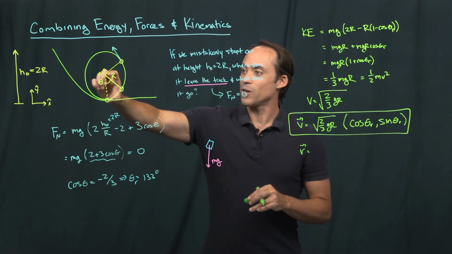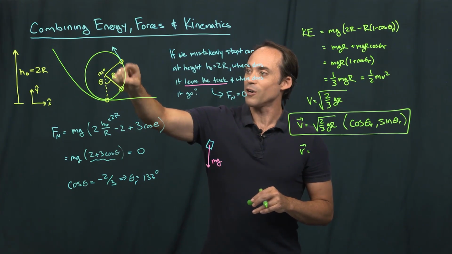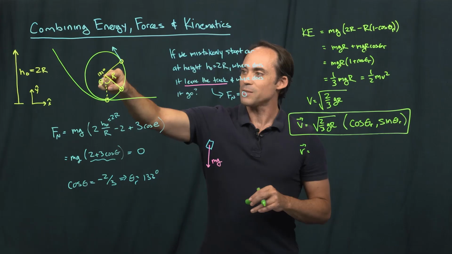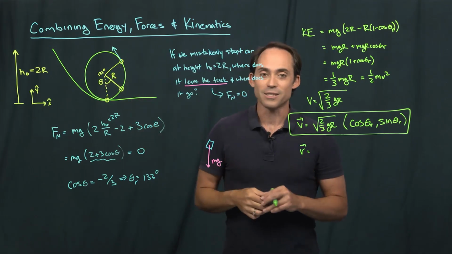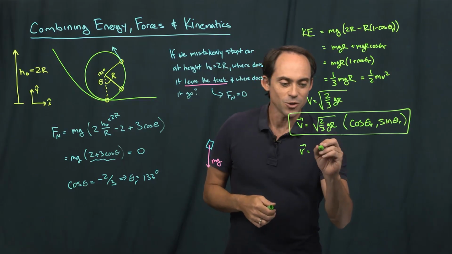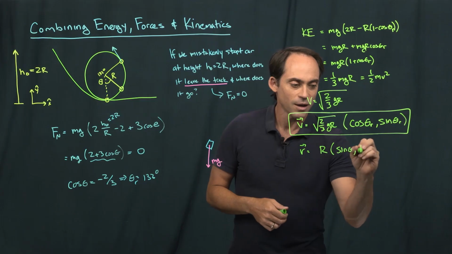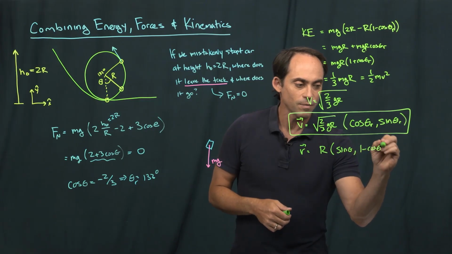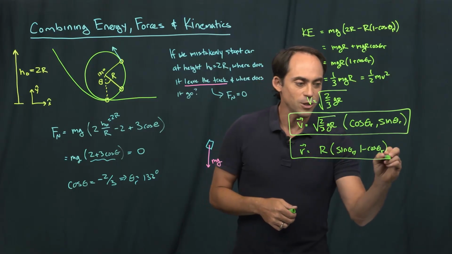And the x-coordinate is going to be varying between, say, positive r and negative r. And it's positive r when theta is equal to 90 degrees. So that's got to be a sine term. So this is just equal to r times sine theta, comma 1 minus cosine theta. And since this is our initial position, this is the angle at which it leaves the track.